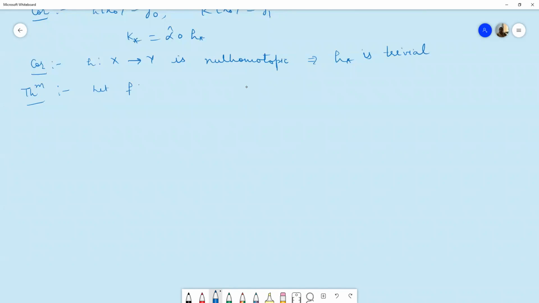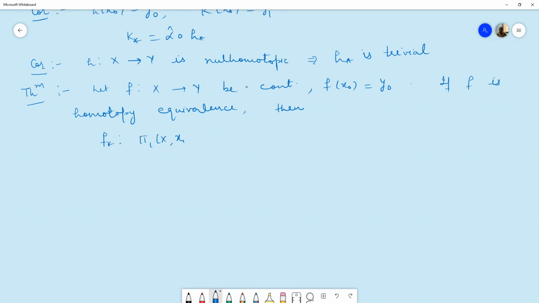So let us take F to be a continuous map, and it maps X naught to the point Y naught in space Y. Now, if F is a homotopy equivalence, then we define the mapping F star from pi 1 of X, X naught, the induced homomorphism of fundamental groups. This is an isomorphism.